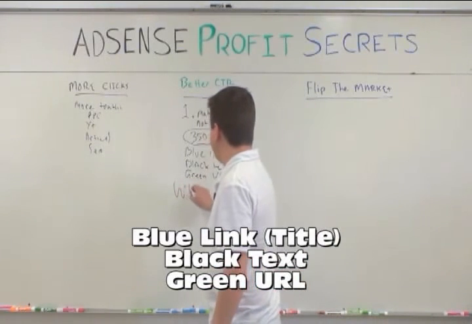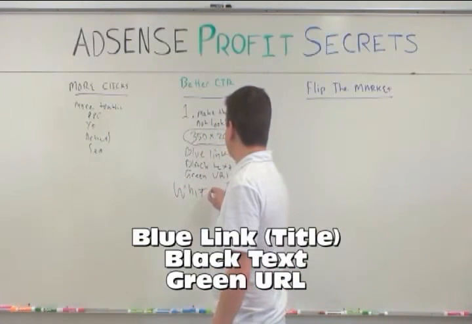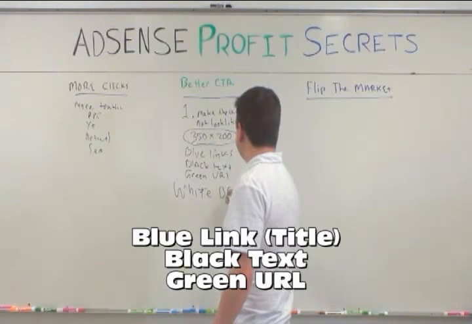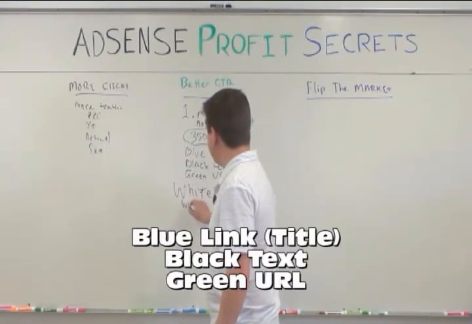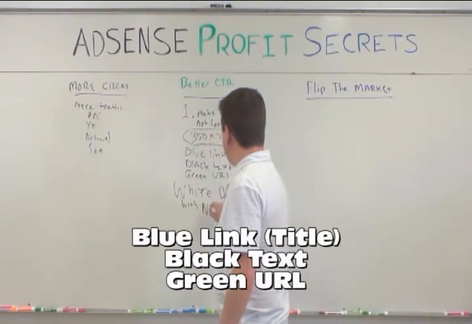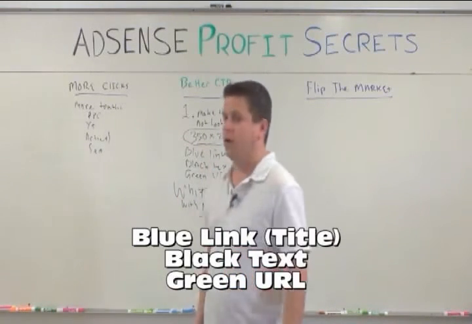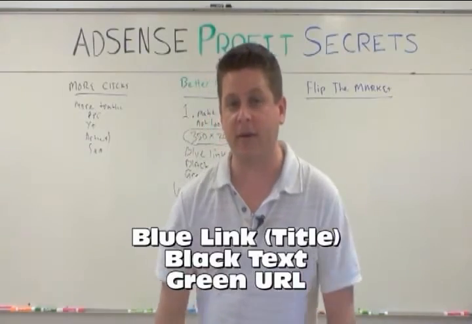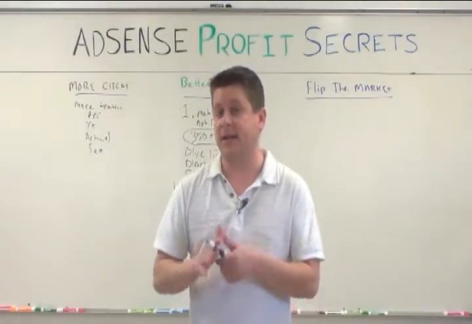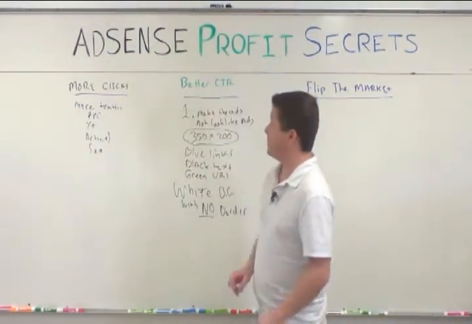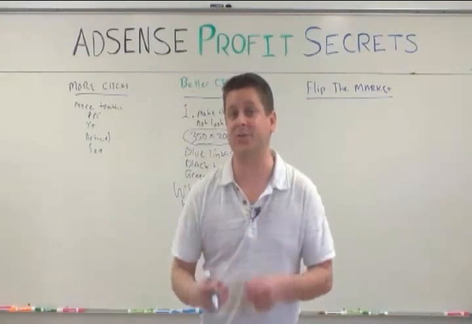White background with no border. This will almost instantly increase the amount of money you make on AdSense, because it's going to increase the amount of times people click on the ads, and that's what pays you.